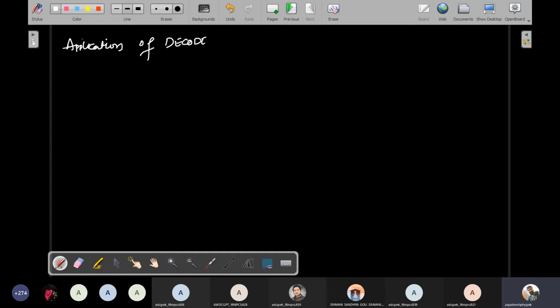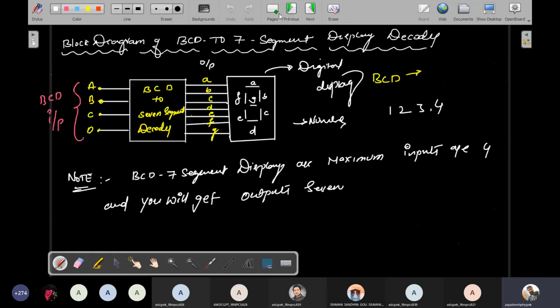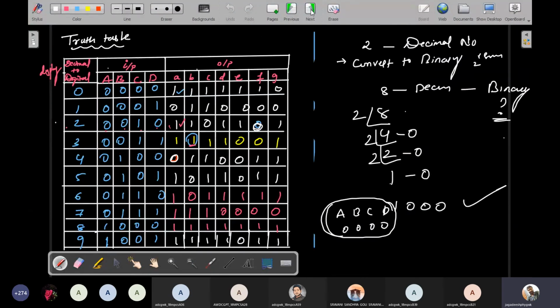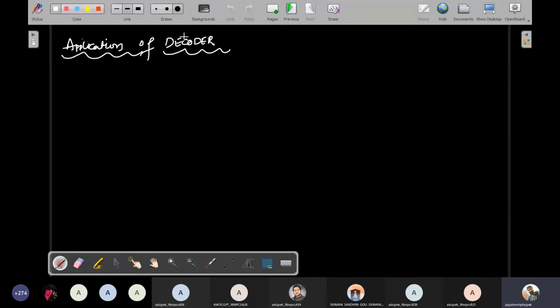Decoder is always written in capitals, because decoder is a device name. Don't write in small letters, but write the first letter capital. I make the same mistake, because I also write in small letters only, but decoder is a device name, so it is always highlighted. That's why decoder is always written in capitals.